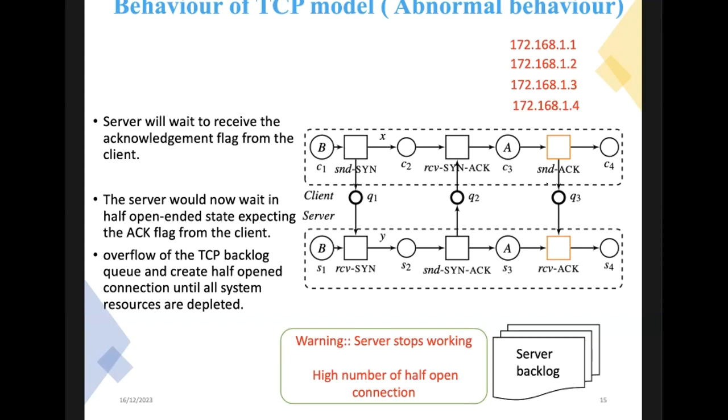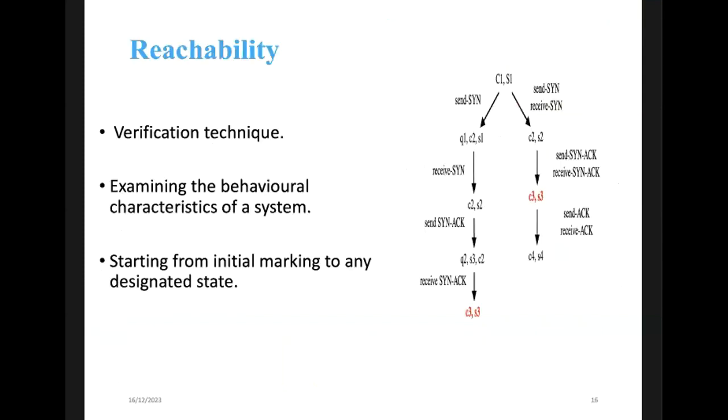This is called half-open connection, and consequently it makes the server unavailable. So we will depend, as we said, on the features embedded in CSAN to detect all causality that happened in the communication in order to understand abnormal behavior that could happen.